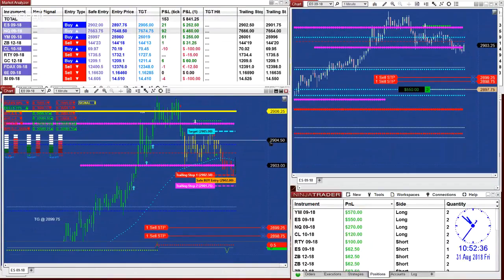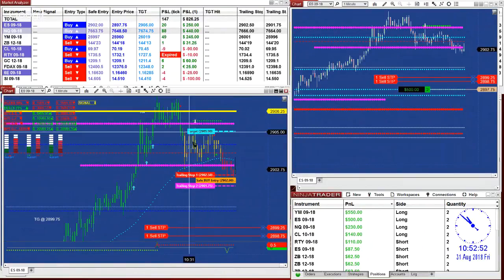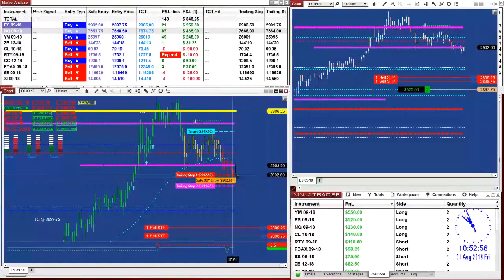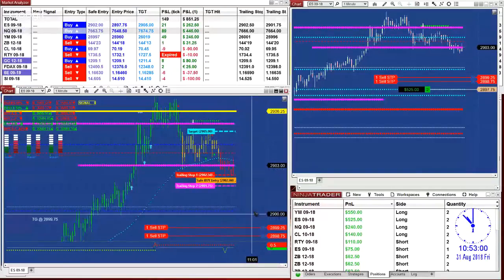Not every day, but 8 out of 10. This is your re-entry point right there, 902. It says in here on your market analyzer: the market went up, pulling back to the re-entry point 902 precisely. And now, God knows, we'll see.